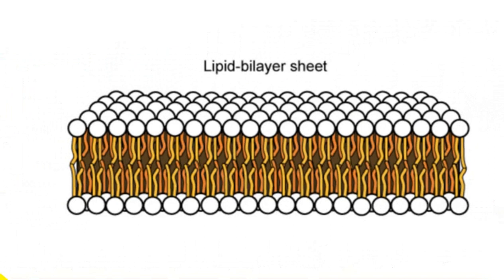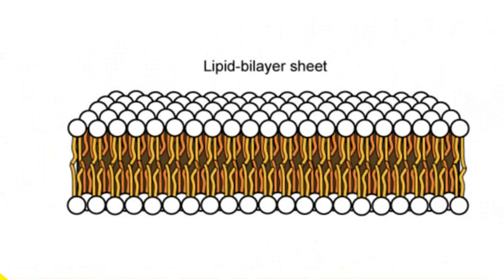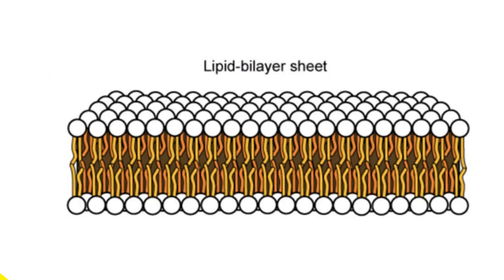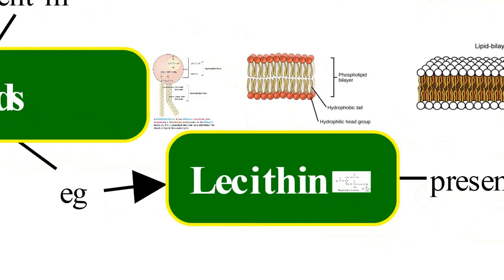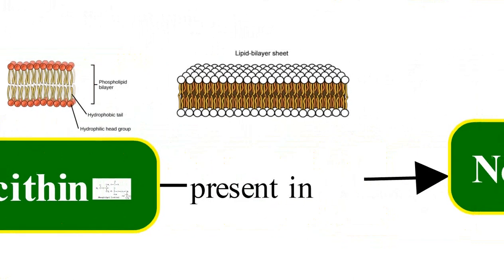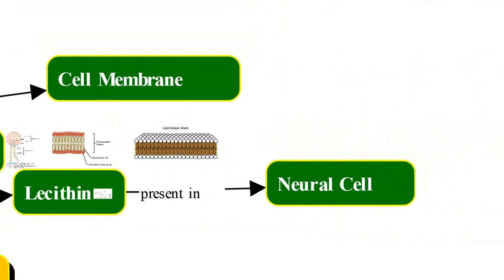These lipids are arranged in two layers, where the hydrophobic tail regions are present inwards, and the hydrophilic head regions are present outside, towards the aqueous side. And the typical example of this phospholipid is lecithin, and this lecithin is present in the neuronal cells. In the neural cells, this lecithin is present.